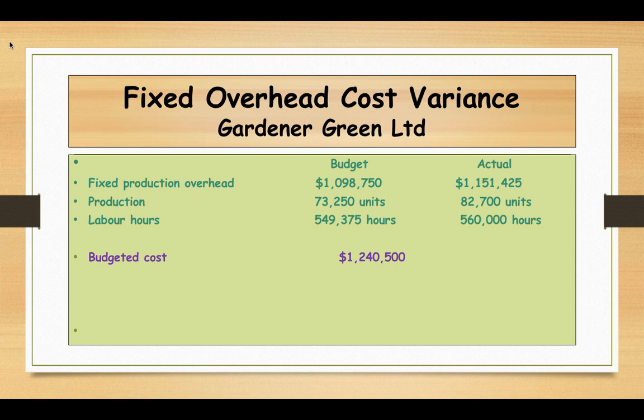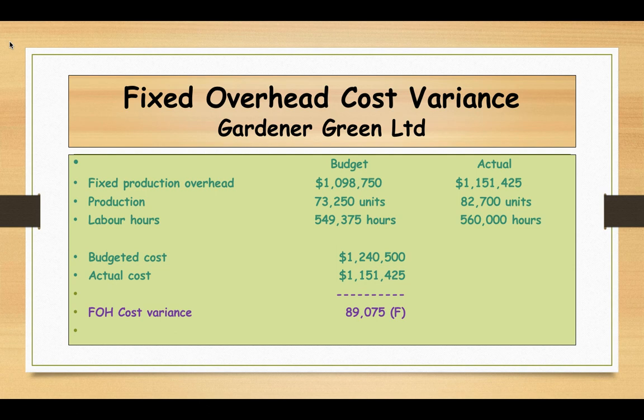So the budgeted cost is 82,700 times the $15, which is the budgeted fixed overhead cost per unit. So we will get 1,240,500. Now the actual cost is given in the question, which is 1,151,425.